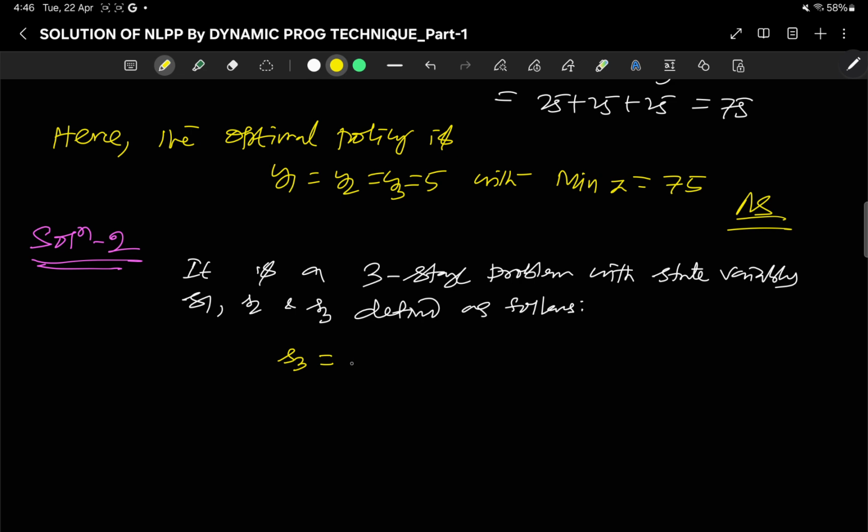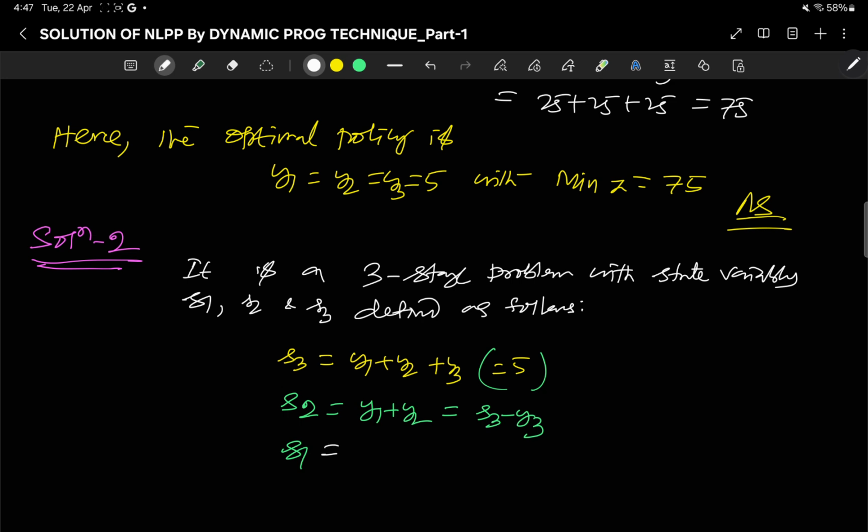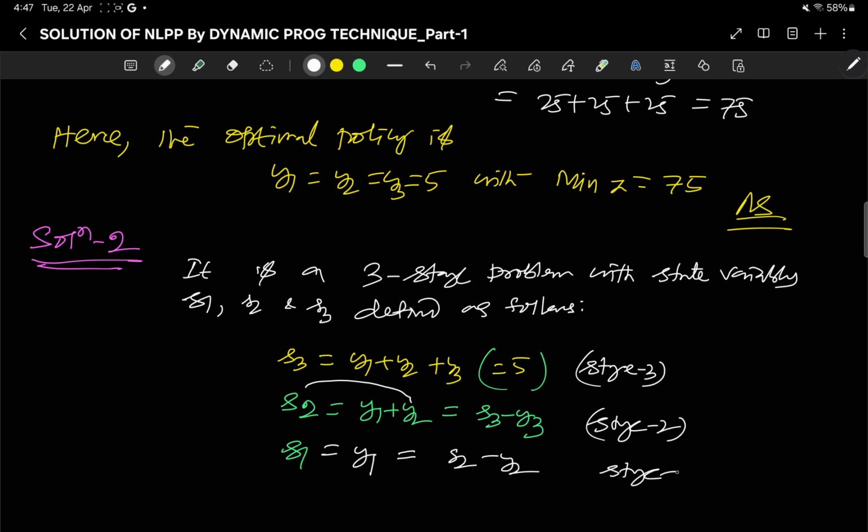Here S3 is equal to y1 plus y2 plus y3, which is equal to 5, given. Now S2 is y1 plus y2, which is equal to S3 minus y3, and S1 is equal to y1, so y1 is equal to S2 minus y2. Let this be my stage 3, this my stage 2, and this my stage 1.